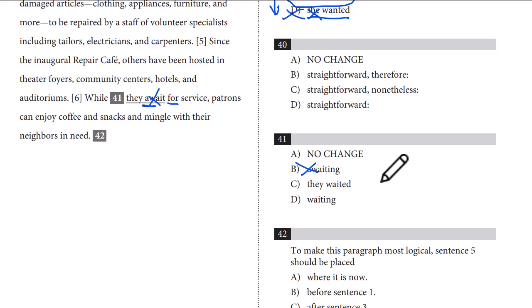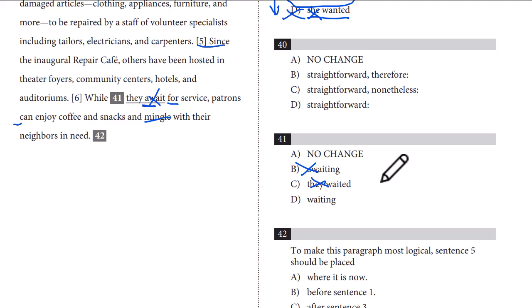They're literally waiting, just spending their time until they get their service. So while they waited for service, this is all in past tense, since the verbs can enjoy and mingle are present tense. So would I say while they waited in the past tense? I don't think that would be correct.